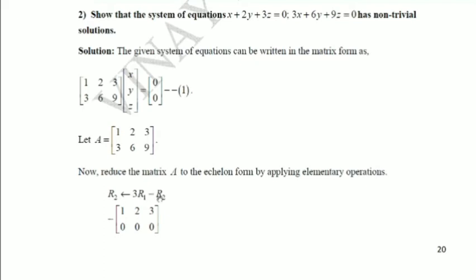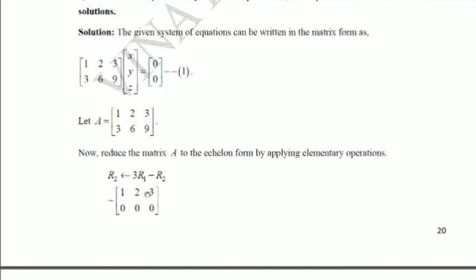Now let us see what happens. The first row is written as it is, 1, 2, 3. Now the second row is changing by 3 into R1: 3 into 1 is 3, minus 3 is 0. 3 into 2, 6, minus the corresponding entry of R2, which is 6, gives you 0.